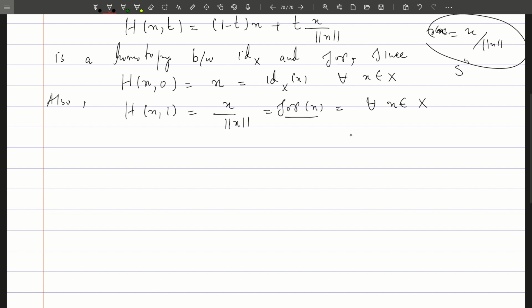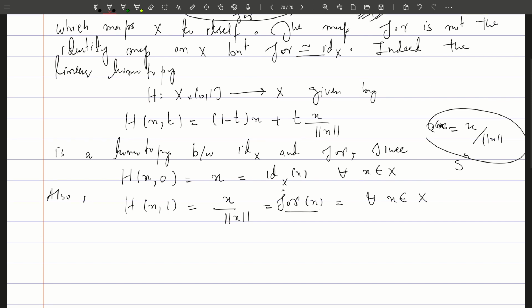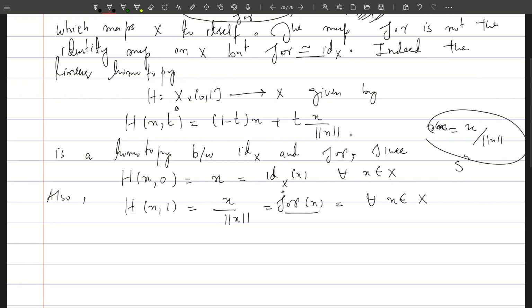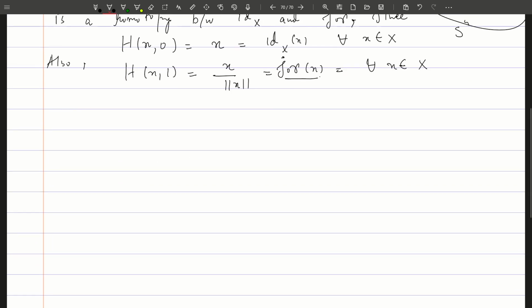That is why we don't write just R of x here, we write J of R of x, because otherwise this would be an element of Sn, but our homotopy is from X to X. So hence this is a homotopy.